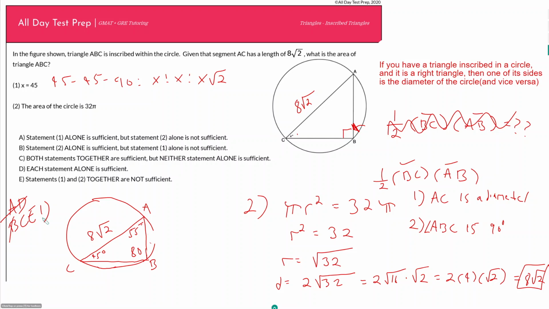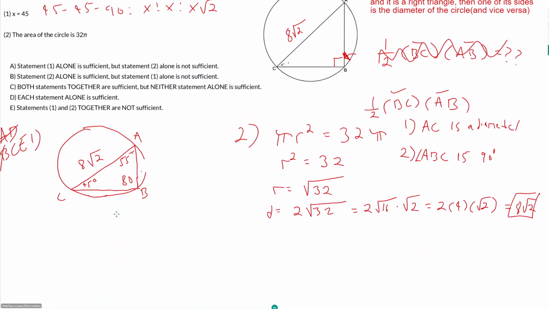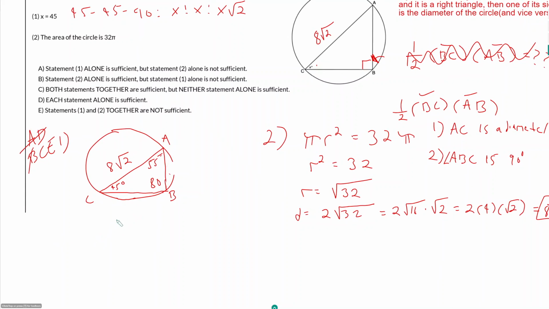So now, looking at them together, what do we know? Looking at our two statements together, we can say, okay, now that I know it's a right triangle, I'm looking for 1/2 BC times AB. And then for my first statement, I know I have a 45-degree angle here, which means I do have a 45, 45, 90 triangle.